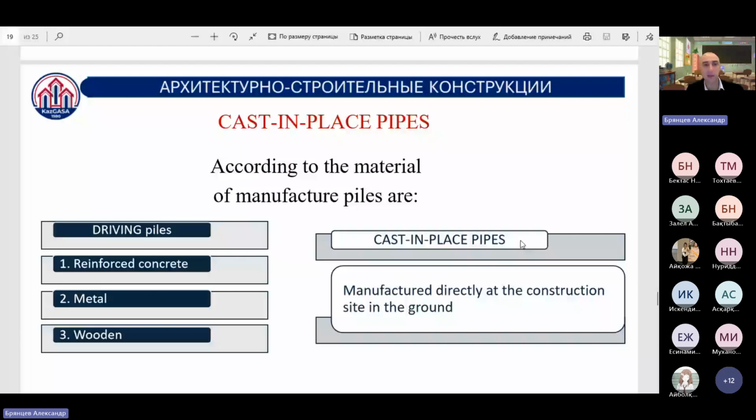And the next one is cast in place or monolithic, which are directly prepared on the construction site.